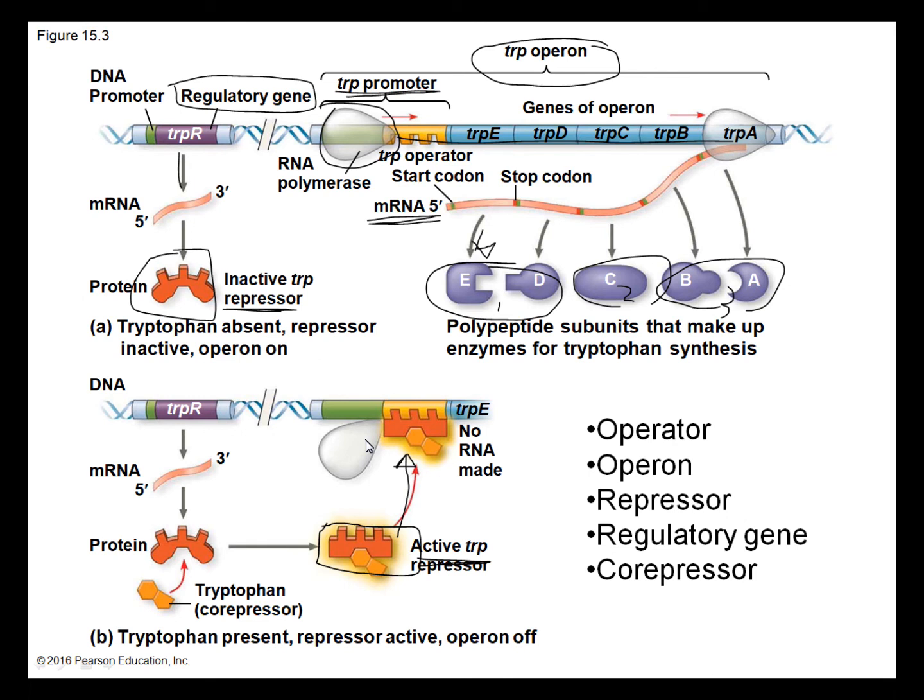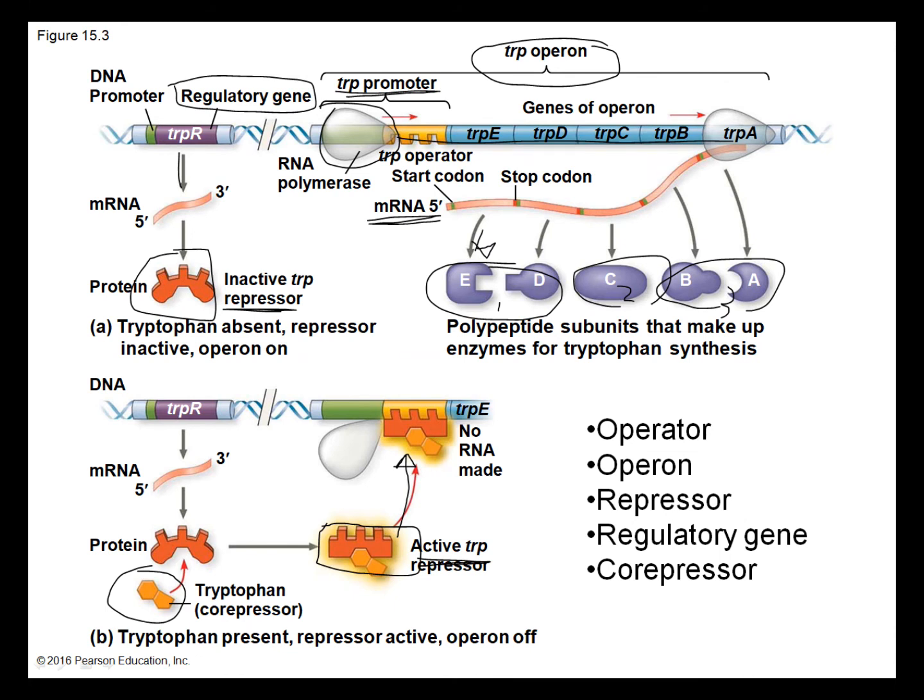This way, the presence of excessive end product can stop the synthesis of all those genes at once, and by doing so, the cell can conserve energy when it doesn't need the tryptophan.